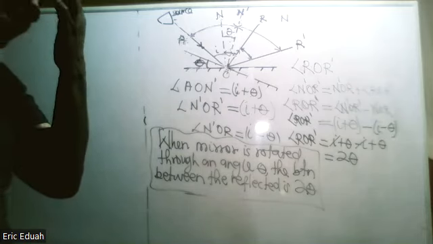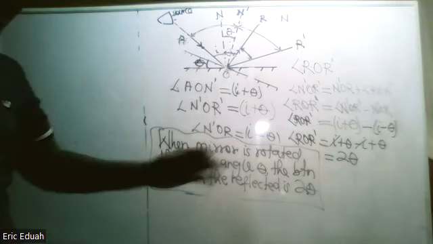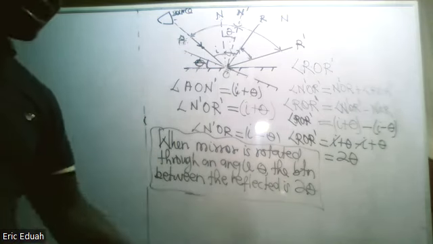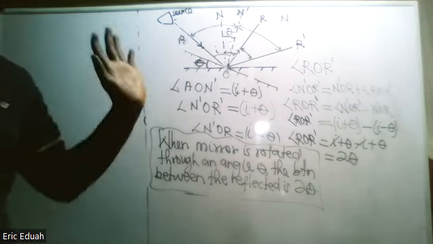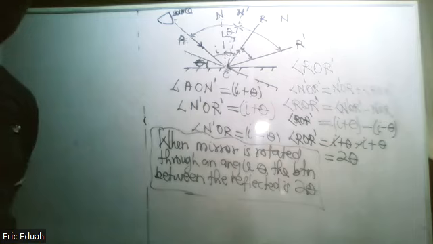If you rotate the mirror through so and so angle, the angle between the reflected rays is always twice that. That is the concept of the rotation of a mirror. Any question?